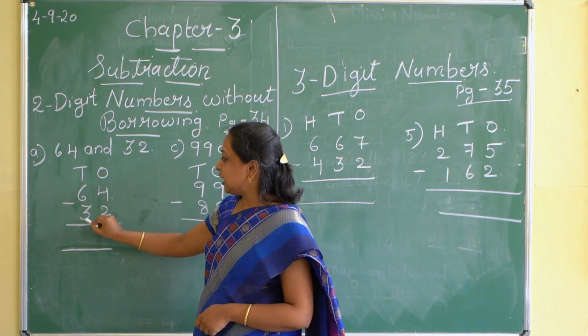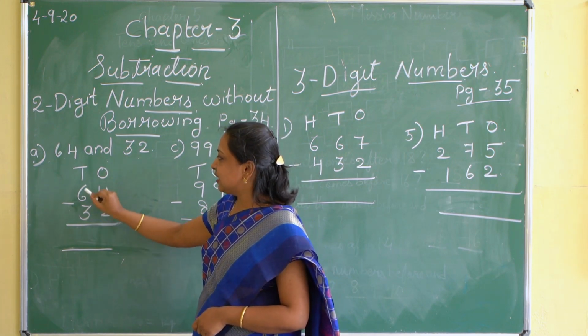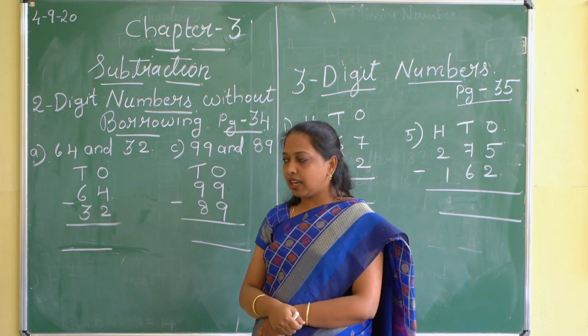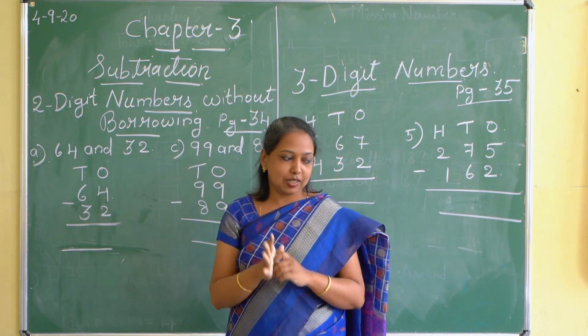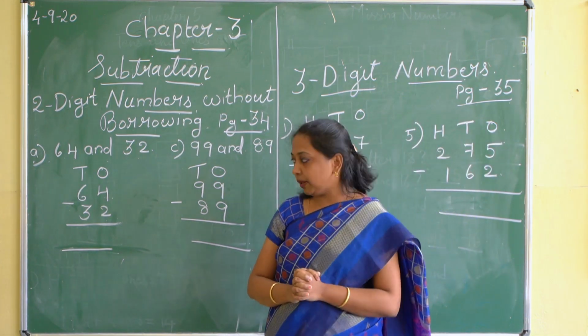Minus 32, 2 is in 1's place and 3 is in 10's place. You must have already done the finger folding method in class 1. So without borrowing we will use this finger folding method.